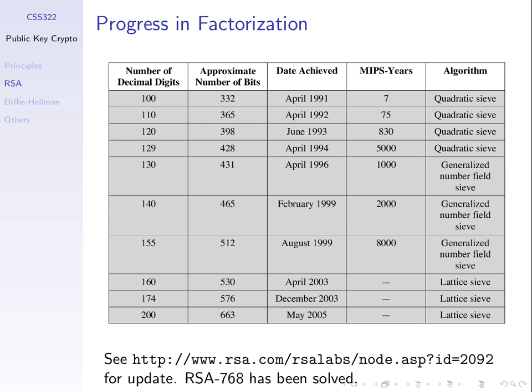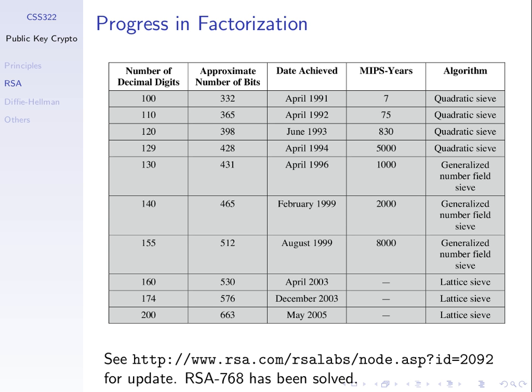And this is the time when people found a solution. That is, given a 100-digit value of n, in 1991, people found some algorithms to factor that into its primes. They improved over time, and in 2005, people could factor a 663-bit number into its prime factors.